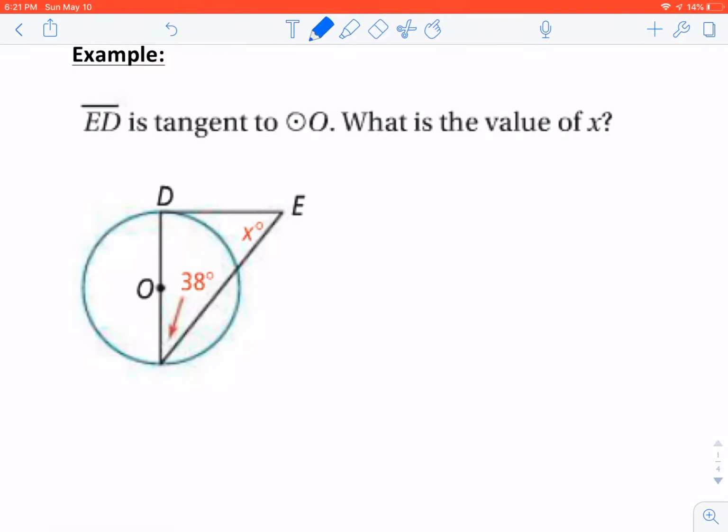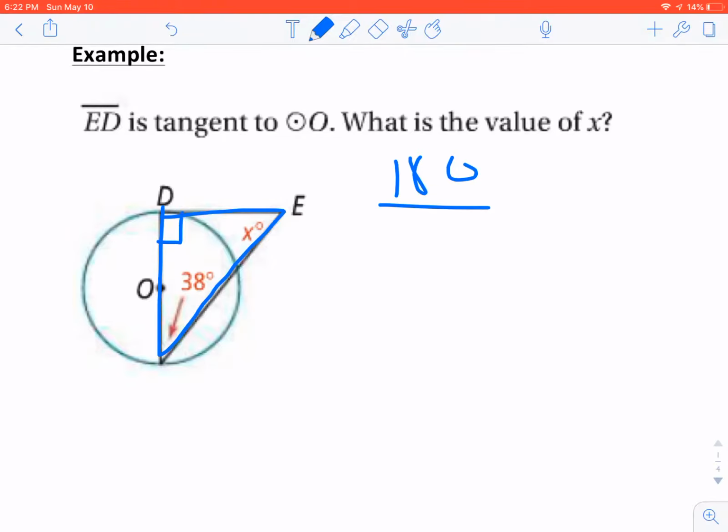Okay, so similar set of directions here, a very similar problem. They're saying ED is tangent to circle O. What is the value of x? The only difference here is that this shape that they've given me is a triangle, so your magic number here is 180. We know that OD is a radius to a tangent line, so that's 90 degrees.